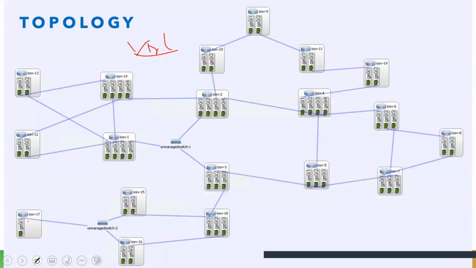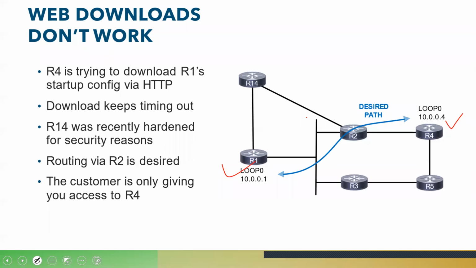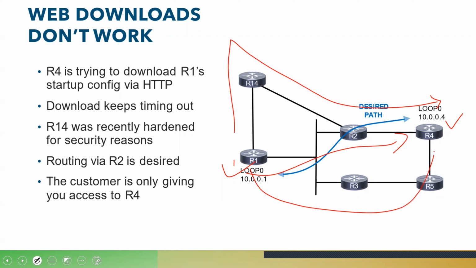Now let's check use case number 1. We have some issue between router number 1 and router number 4. If you trace the path from router 1's loopback to router 4's loopback, you'll find 3 different paths: via R14, via R2, via R3 and R5.